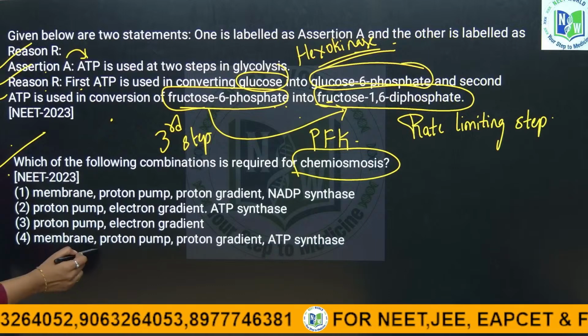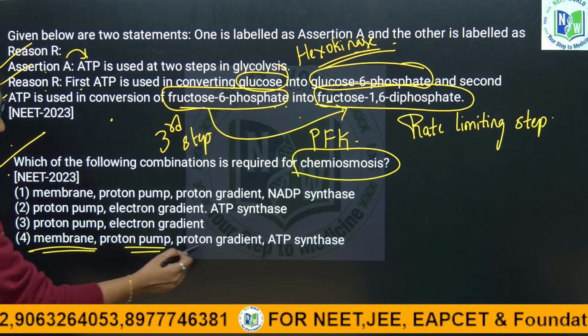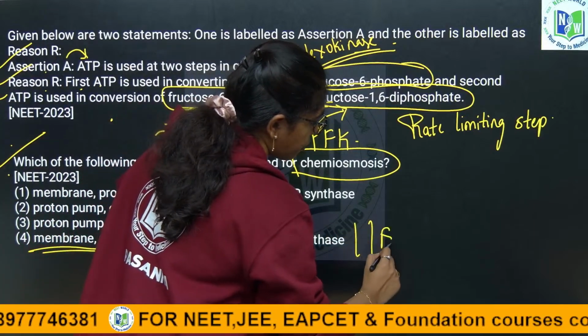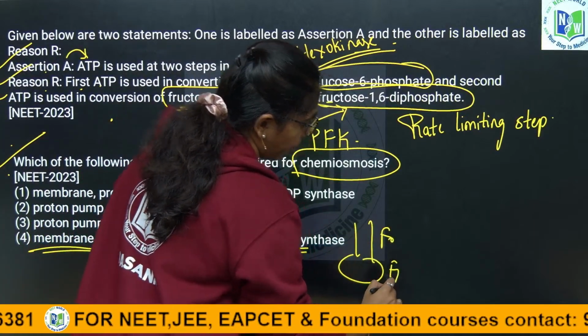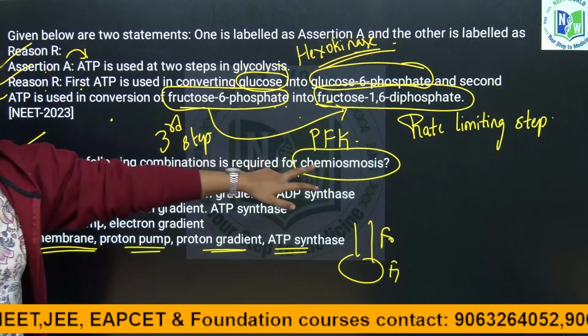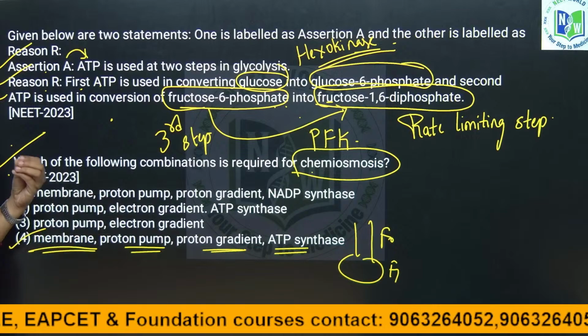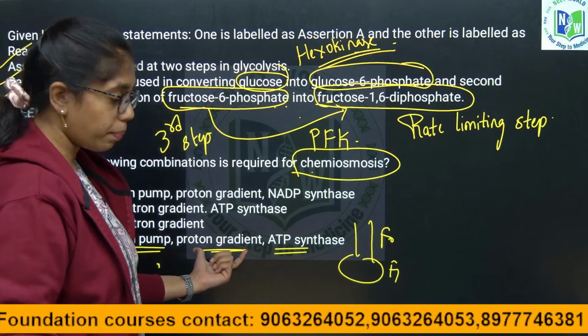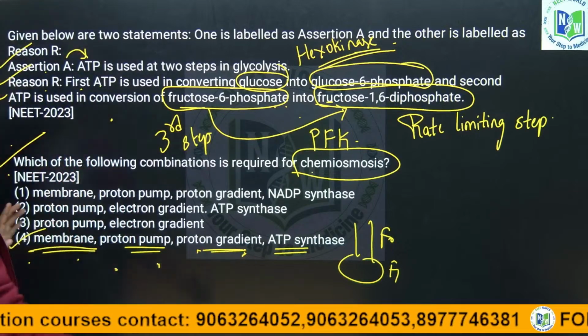Chemiosmosis requires membrane, proton pump, proton gradient and ATP synthase, which has F0 and F1 parts. So option 4 is the correct answer.